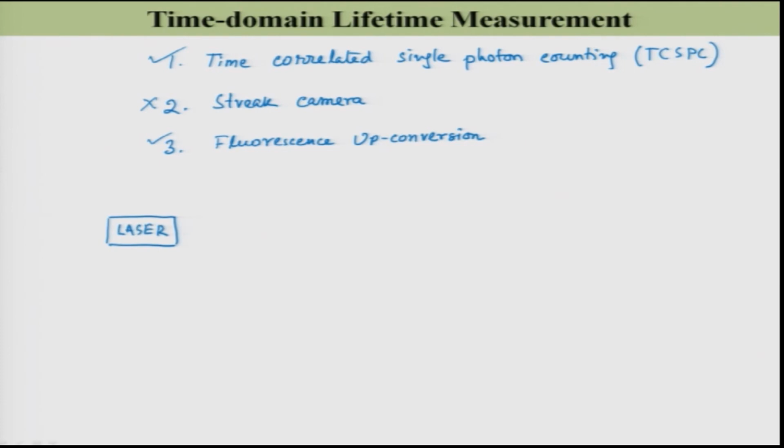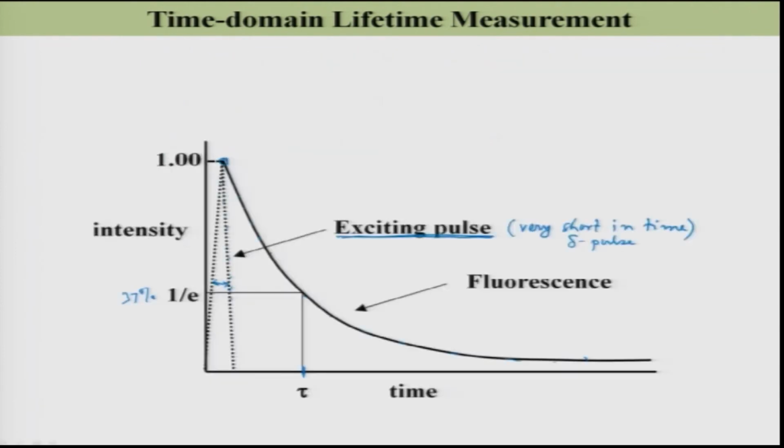Why do I need a laser? Because I want to create a short pulse. The laser has the unique property that it can create an ultra short light pulse. I said in my previous discussion that I need that kind of very short excitation pulse. How short a pulse can you create? Let us say for a light bulb, if you turn it on and off very quickly, it could be 1/10 second.